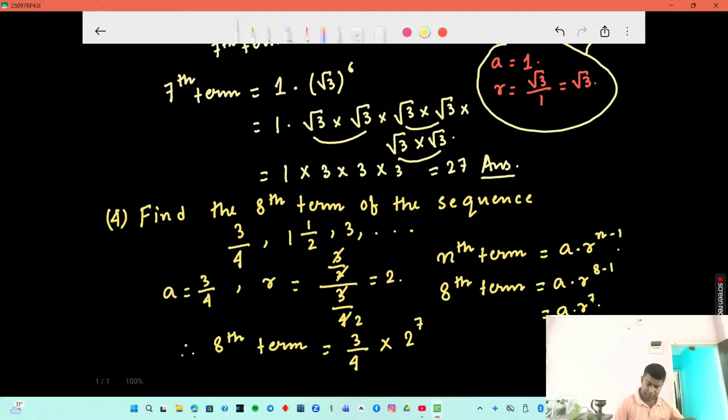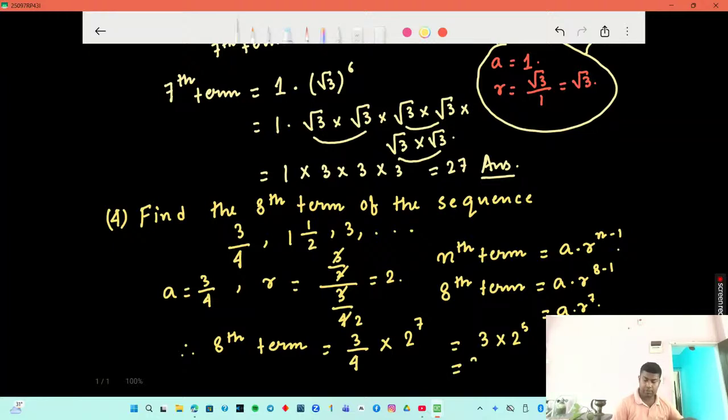Here it will come as 3 into 2 to the power 5. What is the value of 2 to the power 5? It is 2 into 2, 4, 4 into 2, 8, 8 into 2, 16, 32.